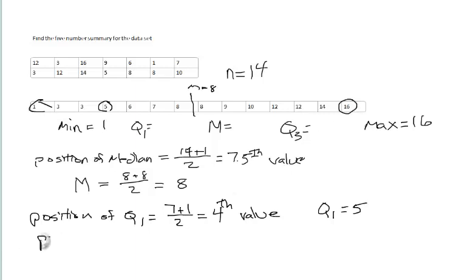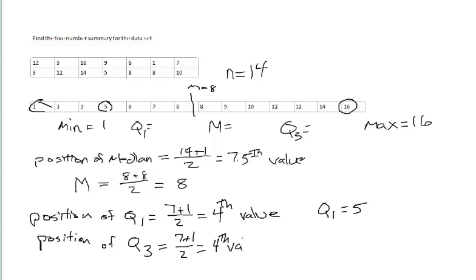So the position of Q3 is equal to, now we have the same amount. Remember, if you're in the middle, the same amount is going to be below as above, but we can recount. So we have 1, 2, 3, 4, 5, 6, 7 ends again, is equal to the 4th value.